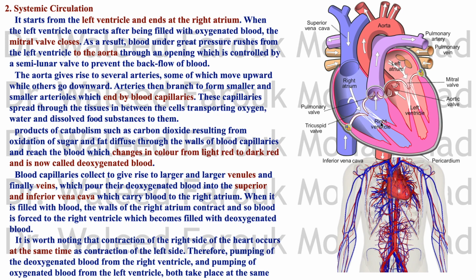Systemic circulation starts in the left ventricle and ends in the right atrium. We have reached the oxygenated blood coming from the left atrium through the AV valve, the mitral valve, to the left ventricle.